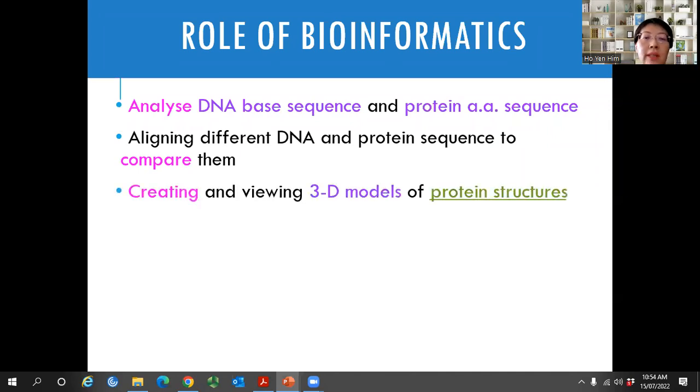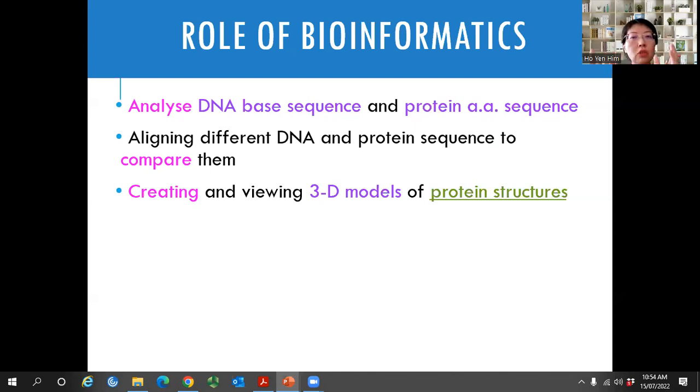Number three, creating and viewing three-dimensional models of protein structure. So after I know the amino acid sequence, right, I can use the software to create a three-dimensional structure of this protein and play with this protein. Why do they want to play with this protein? They want to find out, let's say I want to look for drugs that can inhibit this protein. So you know the inhibitor has to bind to the active site or allosteric site, right?